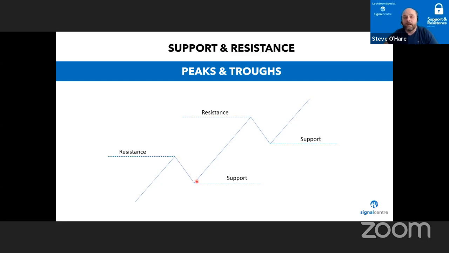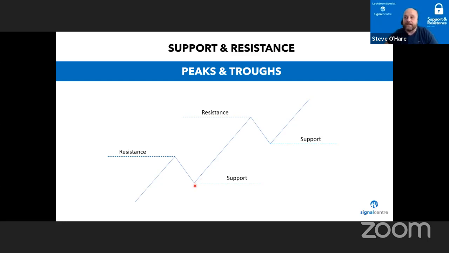This will cause a pullback or a correction, and then we'll find the buyers that have missed out in getting in early into this move higher believe that this is a place where the value is, and they're happy to start to buy again.